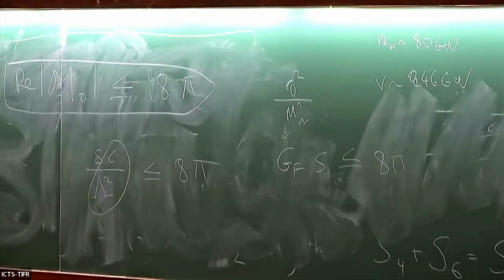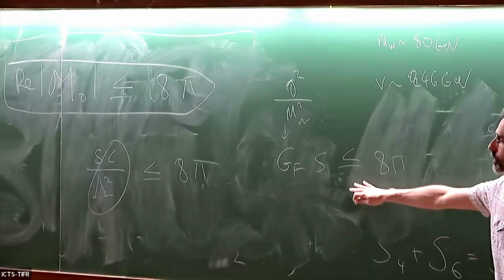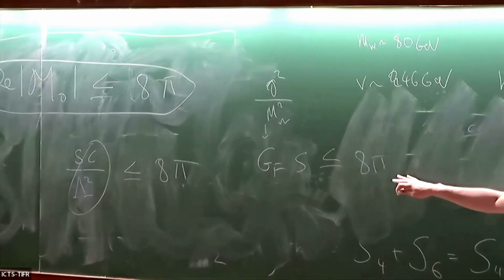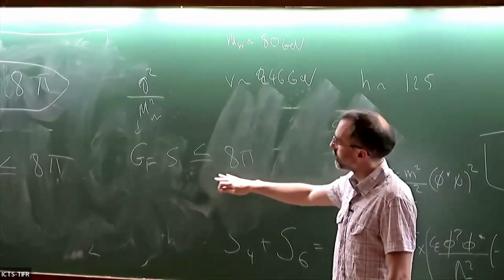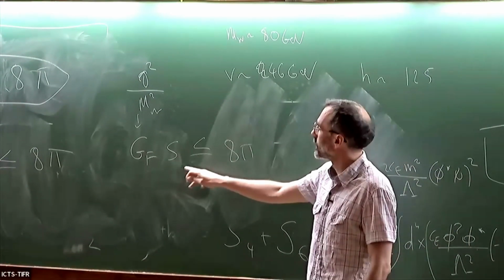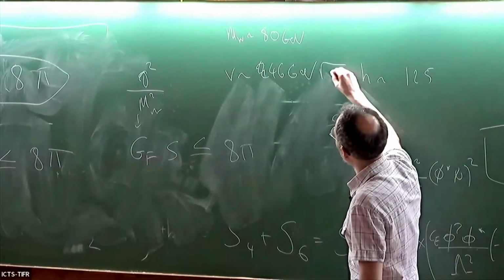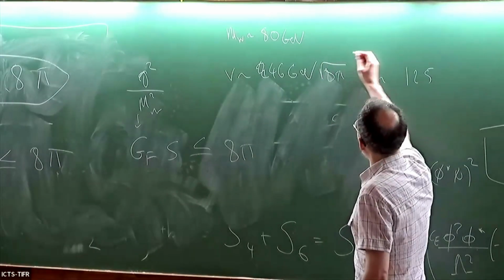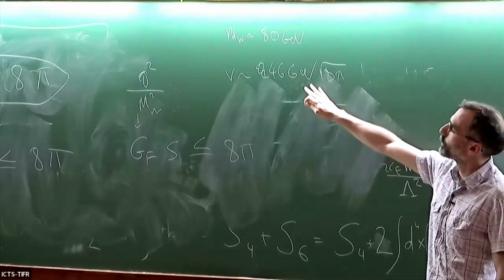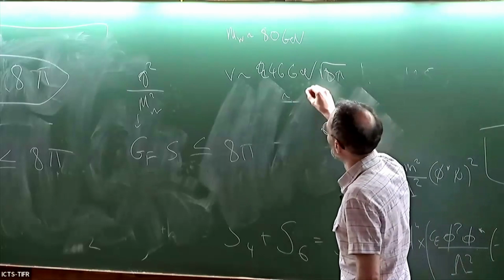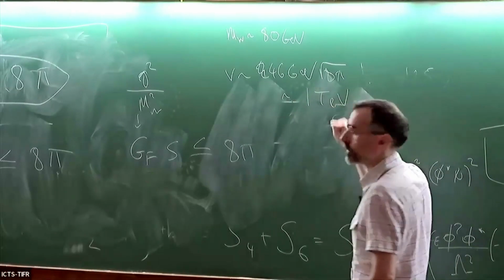If you put in the numbers, it's going to be v, but there's also going to be a square root of 8 pi in there. Sorry, I missed that. Just working it out. In the paper by Lee, Quigg, Thacker, they put the numbers in there, and this came out to be 1 teraelectron volt.